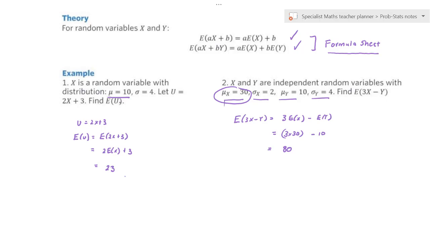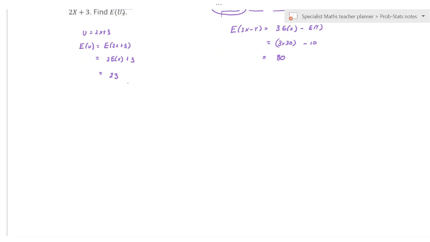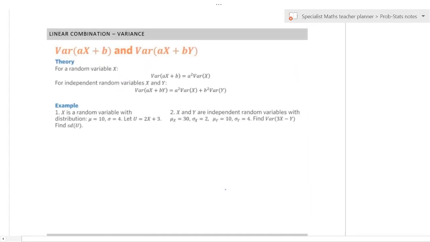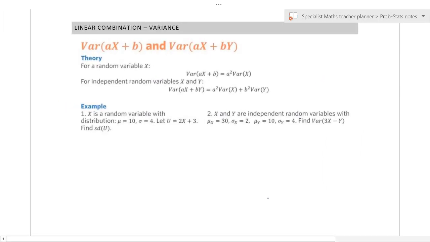It's a really common sort of thing, and I'm going to do an exam question soon to show you. Now, going back to variance, here's a really important thing. Notice that if I had 20, 30, 40, and then all of a sudden I added 10 to each of these values, then I've got 30, 40, 50.